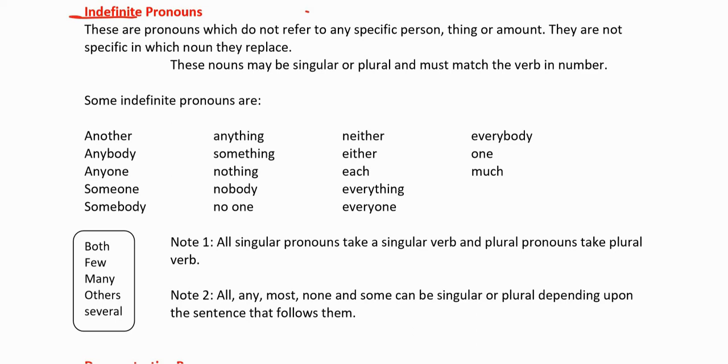These are pronouns which do not refer to any specific person, thing or amount. They are not specific in which noun they replace. They are not particular about which noun they are replacing. These indefinite pronouns can replace anybody, and they are not specific in which person, thing or amount they are replacing.